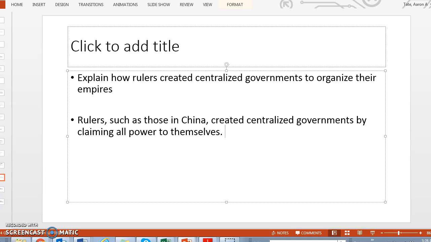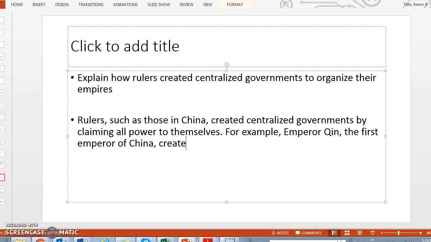And now I've got sort of an answer, but I've got to prove it. I've got to give examples. I've got to give factual evidence, etc., etc. And so I'm going to say, for example, Emperor Qin, the first emperor of China.